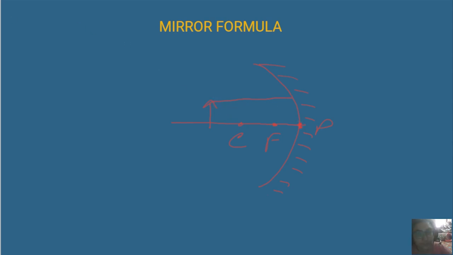There's no need to draw the ray diagram here though. If this is O, then PO is given by the letter u. In this case it will always be minus.